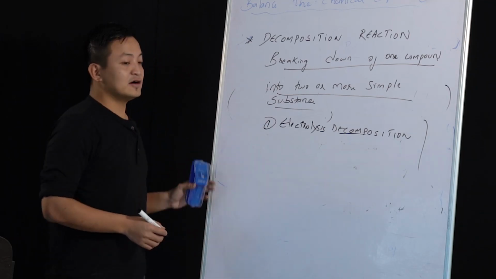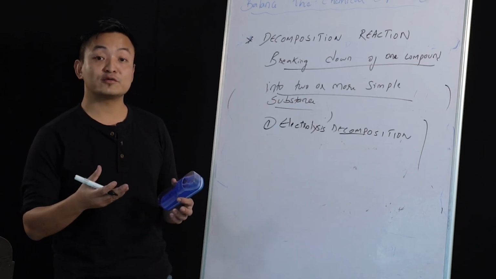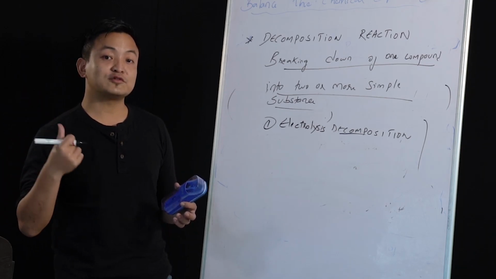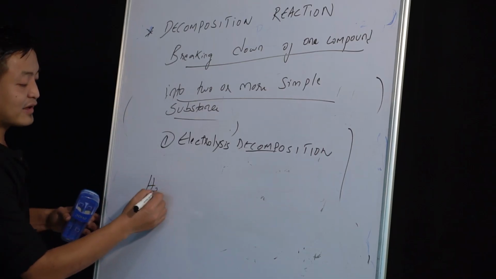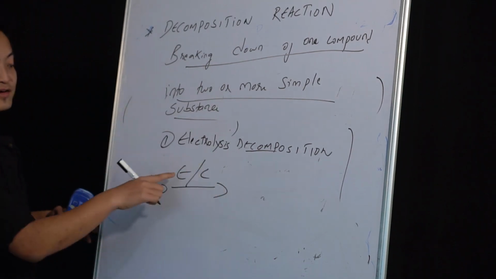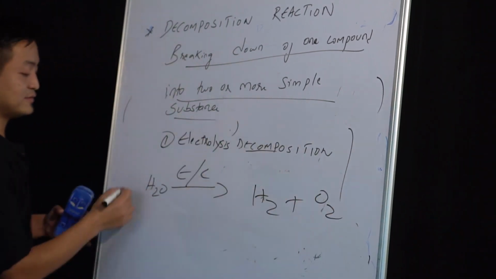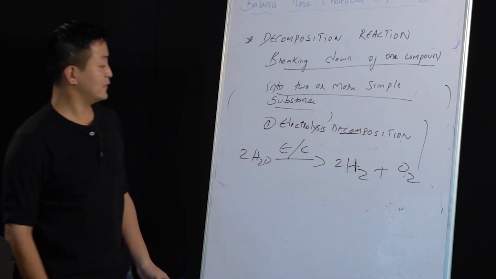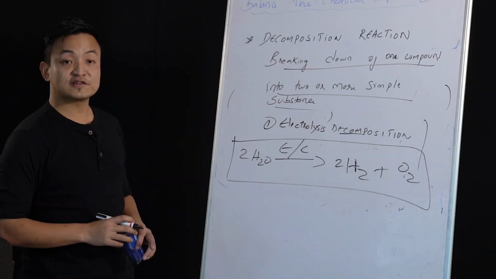These days, we have an electric kettle where we boil water with the help of electric current. If you do it for a long time, you will see gases coming out. So we'll take another practical example, H2O, and then we'll pass electric current, EC, and we'll get hydrogen and oxygen. Clear? So we'll balance this one. So this is an example of electrolysis decomposition.